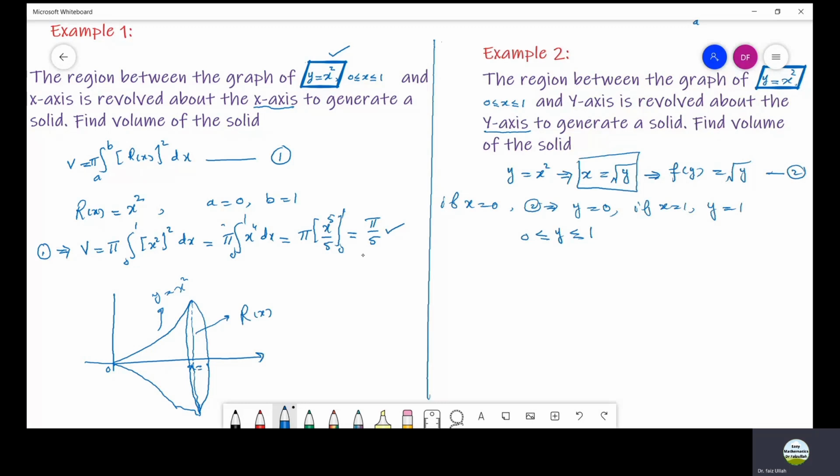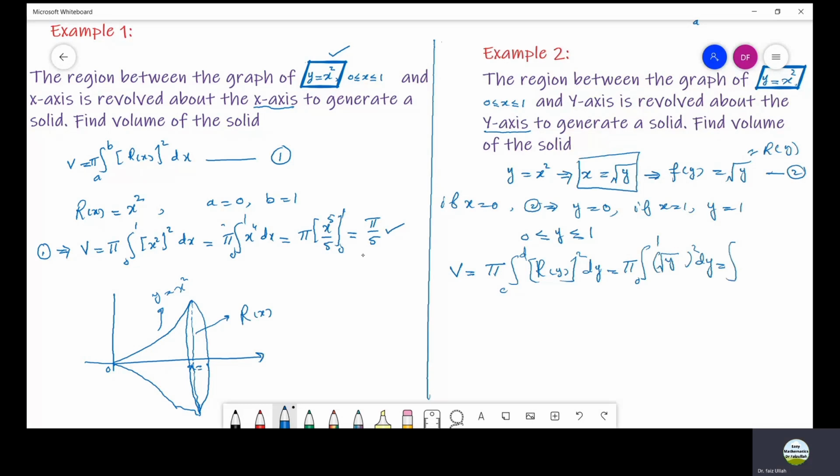And now to find its volume, we use formula number 2, which is given by pi, integral c to d, r of y whole square dy. In this case, r of y is under root y. So let us put its value. We have pi, integration is from 0 to 1 and under root y whole square dy.